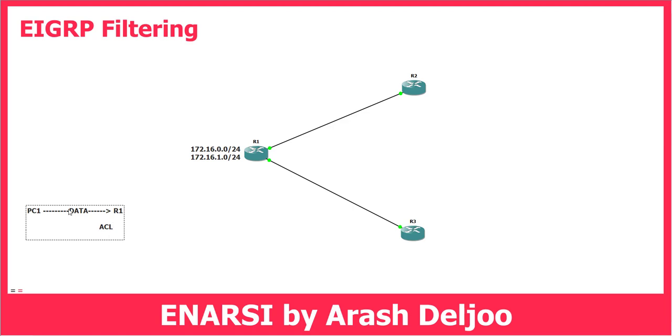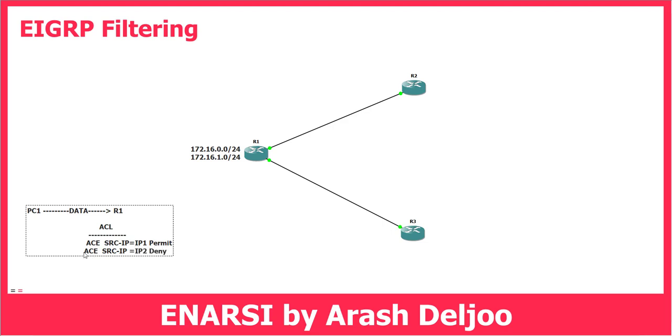Here you can configure one access control entry with this rule: if the source IP is IP1, you should permit the traffic. If the source IP is IP2, you should deny the traffic, meaning you should filter the traffic.